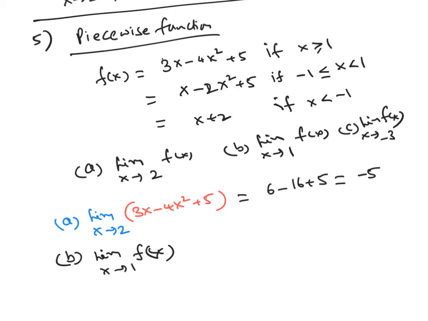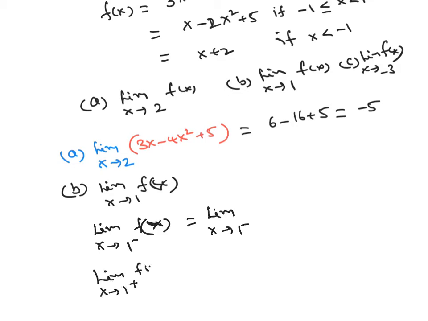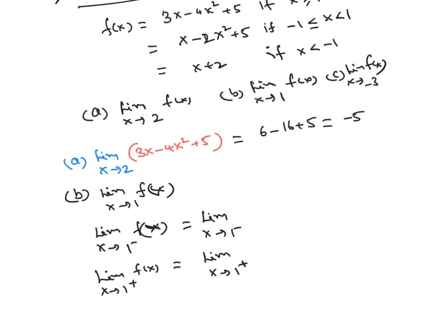So in this case, I need to find both left and right limits. I would say limit as x approaches 1 from the left side and limit as x approaches 1 from the right side. If they both are the same, I would say a limit exists, otherwise the limit does not exist.